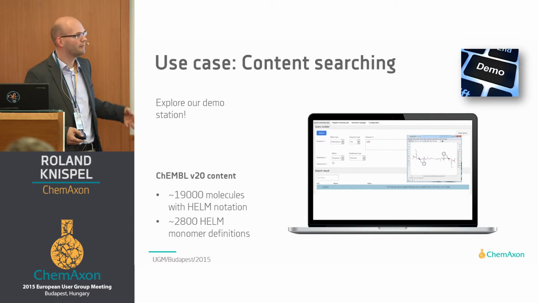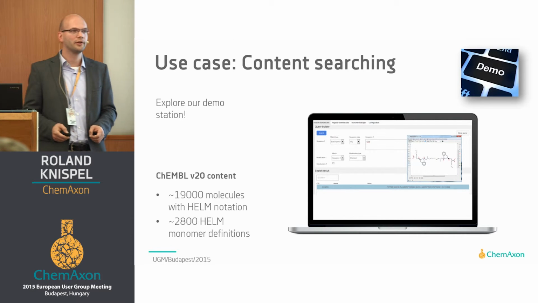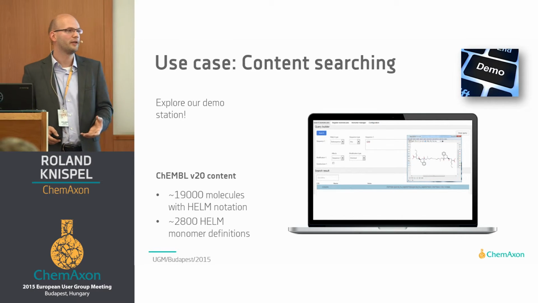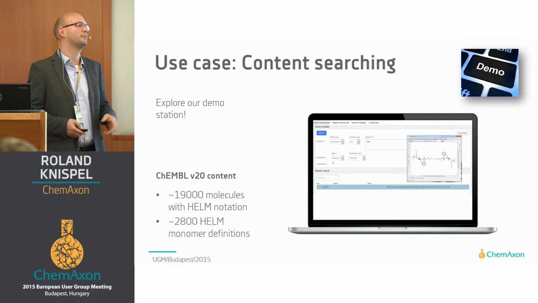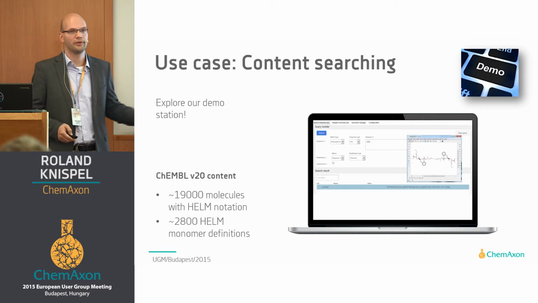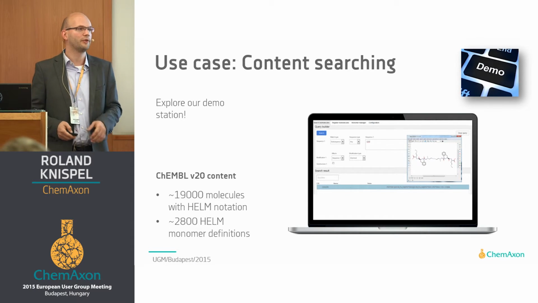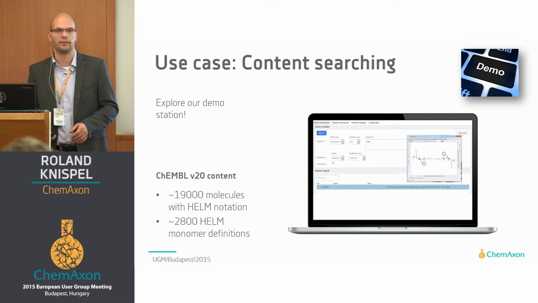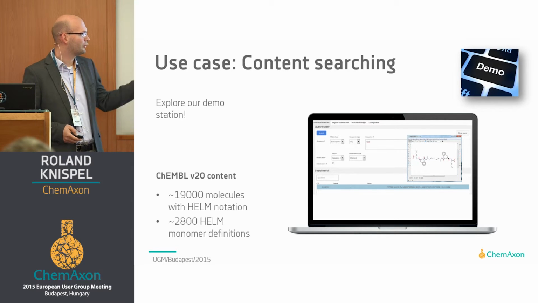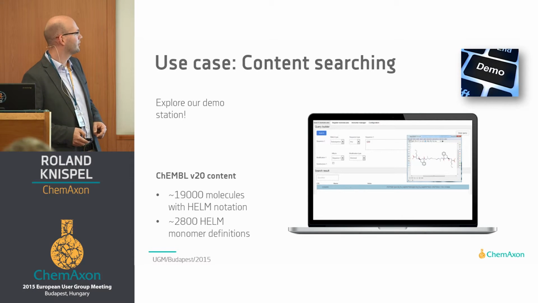So we just grabbed their content and loaded something like 20,000 molecules, which are now provided by the Campbell version 20 database in HELM notation, and imported this into our toolkit database. Together with it come about 2,800 monomer definitions, which make up the dictionary in order to build these biomolecules. If you're interested, I can show it to you on my laptop. It's pretty cool, actually.